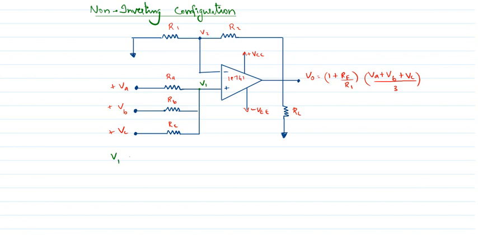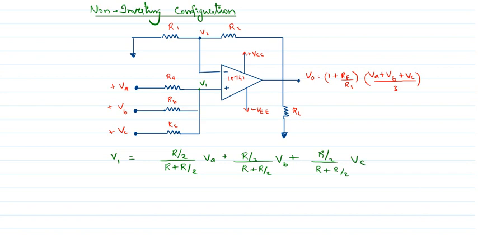voltage at the node V1. If RA, RB, RC are all R, then we can write V1 equal to R by 2 divided by (R plus R by 2) VA, plus R by 2 divided by (R plus R by 2) VB, plus R by 2 divided by (R plus R by 2) VC.